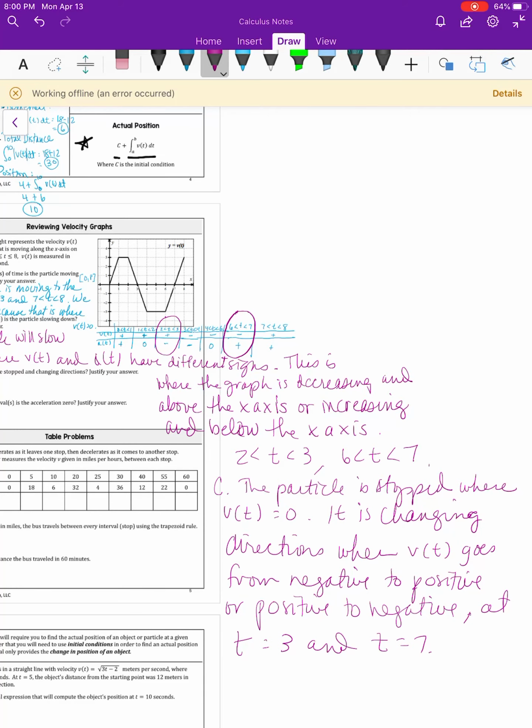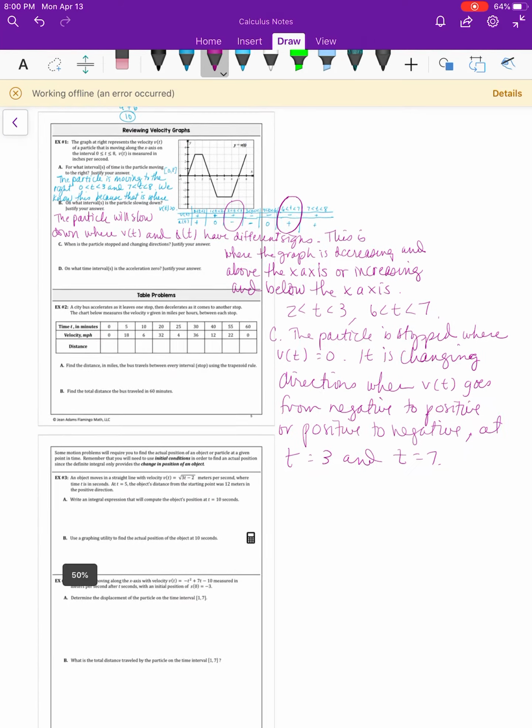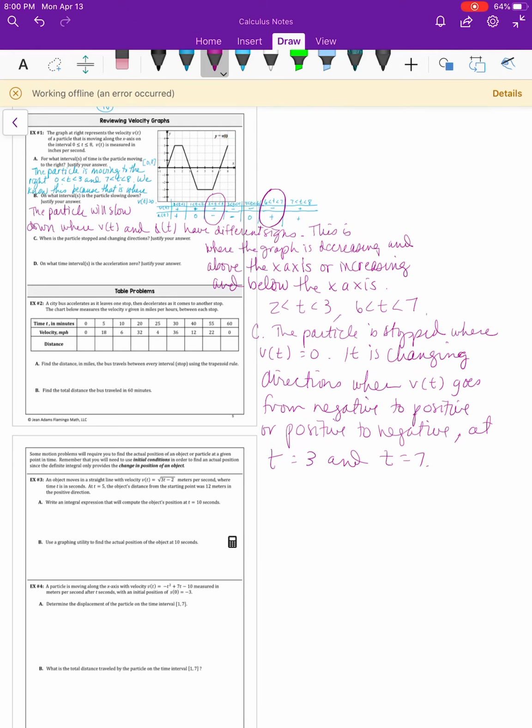Put comma at t equals 3 and t equals 7. Okay, so that's part C.